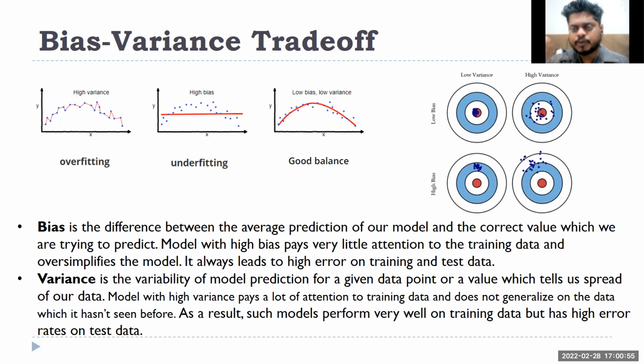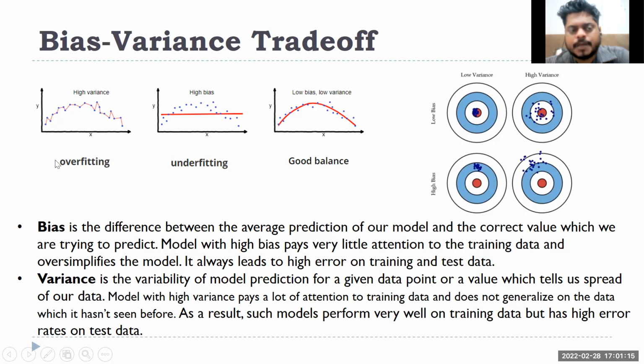So for each point in my training data set, I have a very low bias. My prediction is close to the actual value, so very low bias or zero bias.